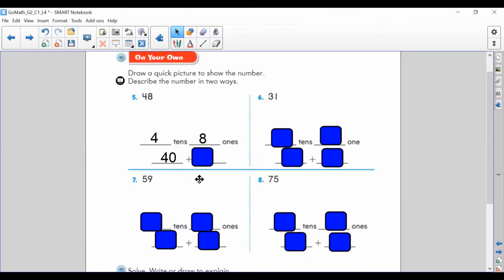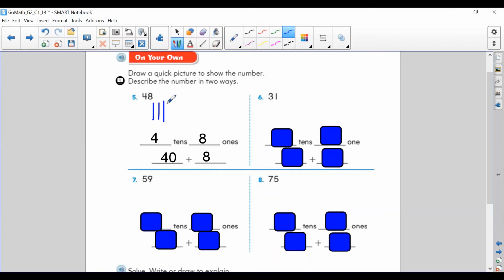And what is the value of 8 ones? That would be 8. So 40 plus 8. Now, remember, you have to draw the quick pictures as well. So for quick pictures, you would draw 4 10s and 8 ones.